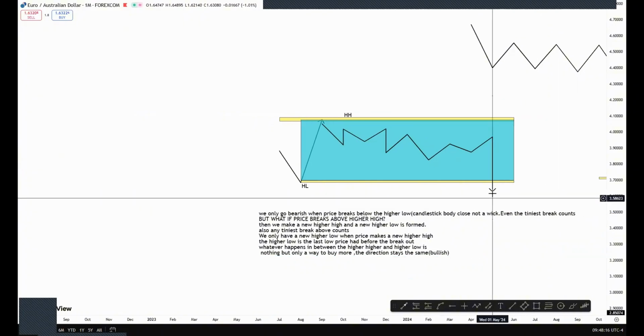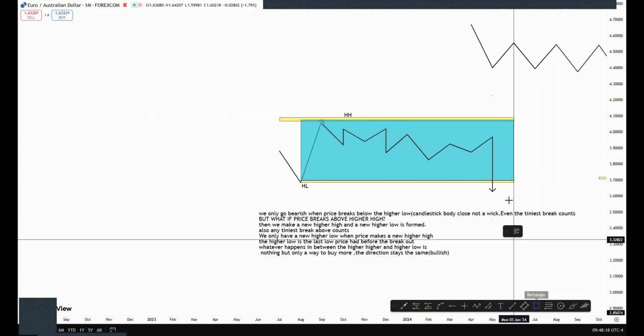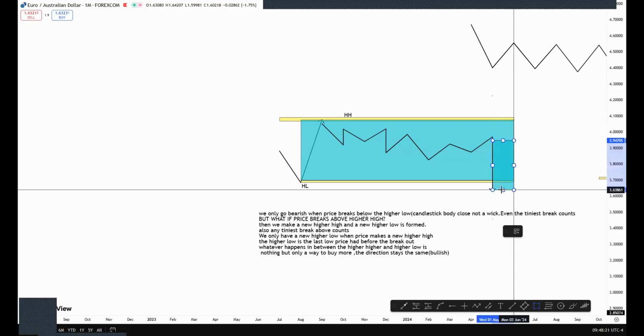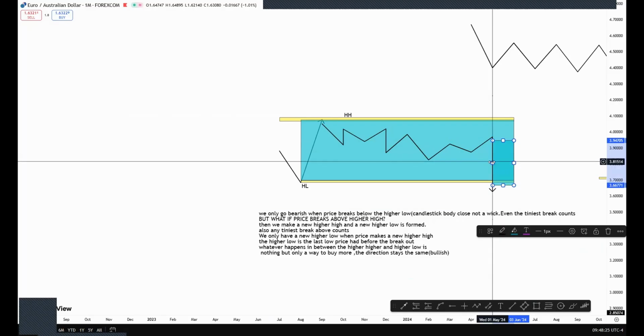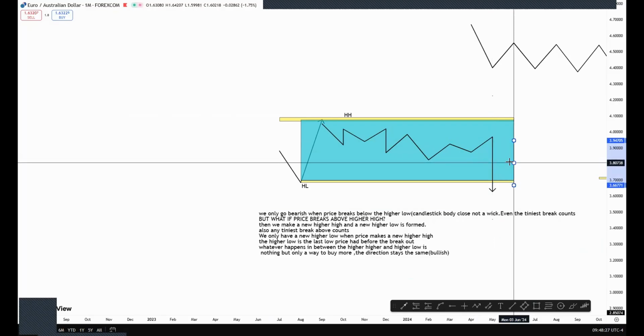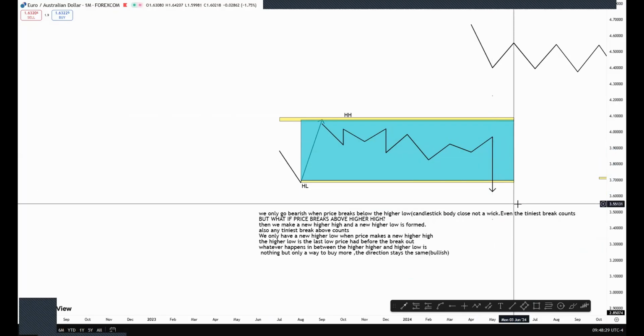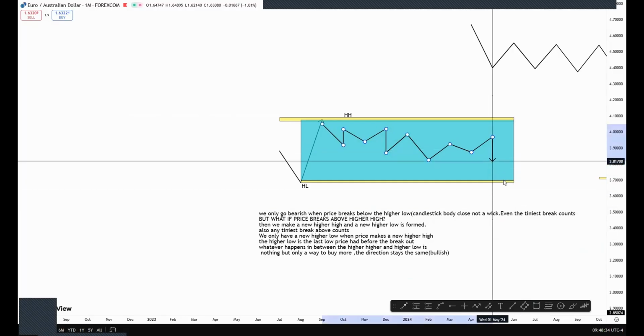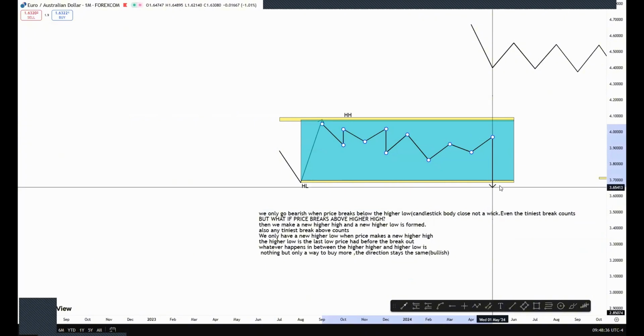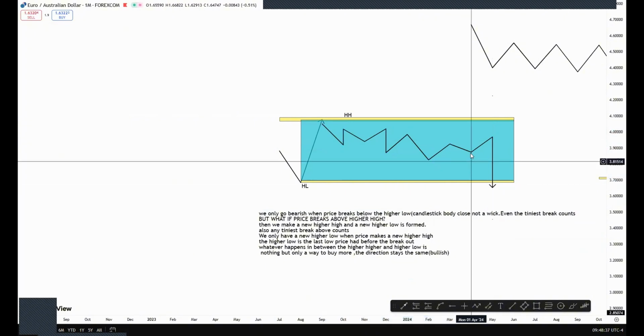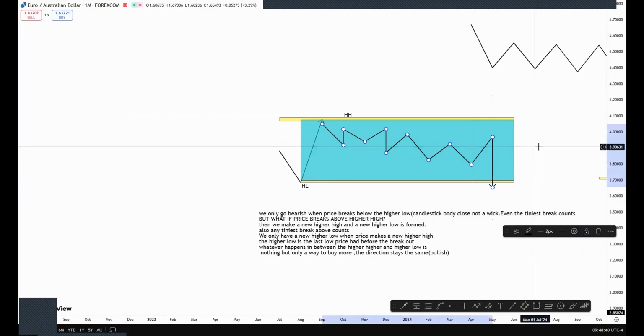You need that full body close, not a wick. So in a case where this same thing happens, where price breaks below here, now this whole thing has changed.